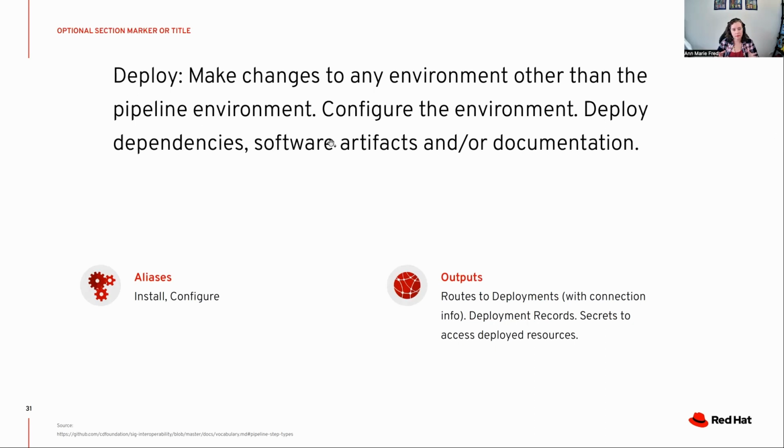We'll configure the environment, we'll deploy the dependencies that we need, and then we'll deploy our own software artifacts and or documentation. This might also be called install or configure. And as an output, we'll usually get back routes to the new deployments with connection info, as well as any deployment records or maybe secrets that we need to access our newly deployed resources.